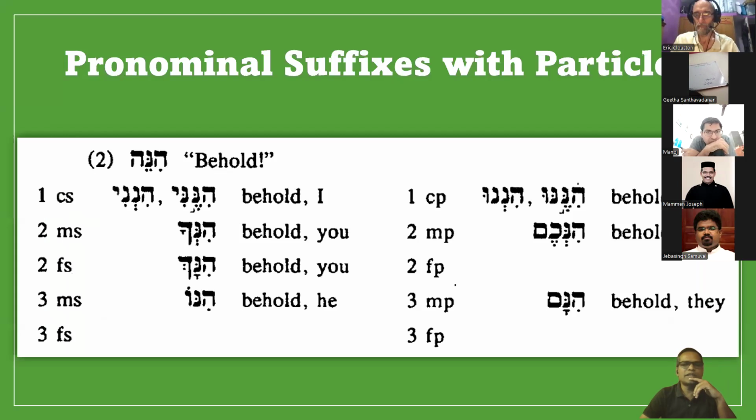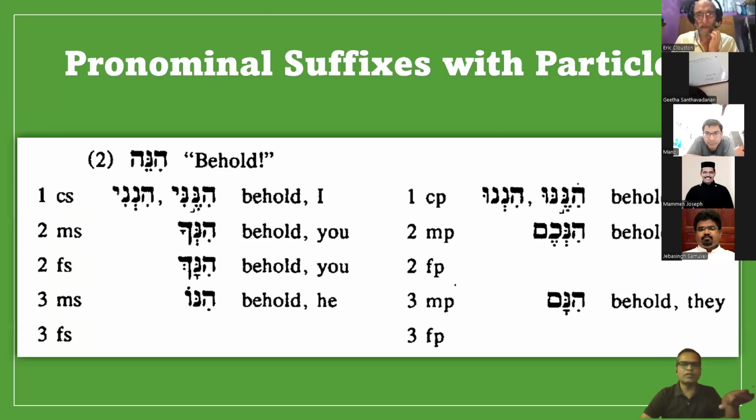Then qamets final kaf with shva is there. Holam vav is there. That is why from the beginning I am insisting you memorize the endings with the inseparable and separable forms. In the course of time you will get used to that, and even without looking at the table you will be able to grasp. So this is again an irregular form.